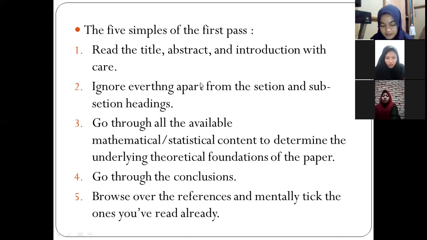The next one is go through all the available mathematical or statistical content to determine the underlying theoretical foundations of the paper. And the fourth one is go through the conclusion. And the last one is browse over the references and mentally tick the ones you've read already. Next slide.